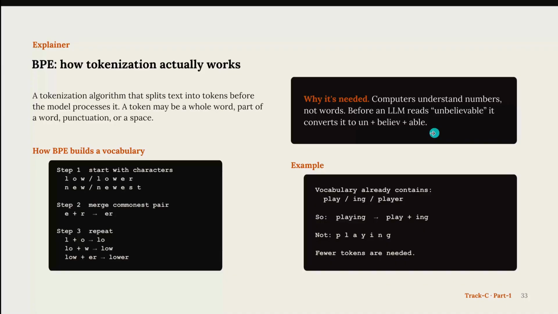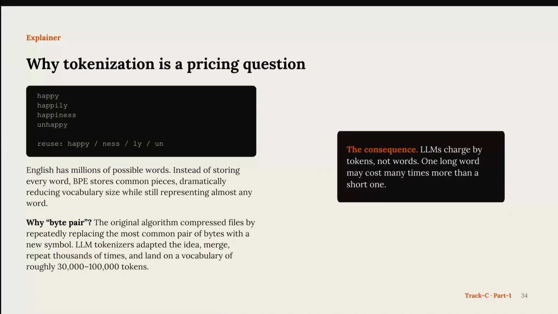Yeah. Why byte pair? Why do we call it byte pair encoding? So the original algorithm compressed files by repeatedly replacing the common pair of bytes with a new symbol. Two bytes. That's how it started. And LLM tokenizers adapted this idea, merged repeatedly thousands of times, and landed on a vocabulary of roughly 30,000 to 100,000 tokens. Instead of millions of possible words, we are now looking at 30,000 to 100,000 tokens. Okay, what's the consequence of this?